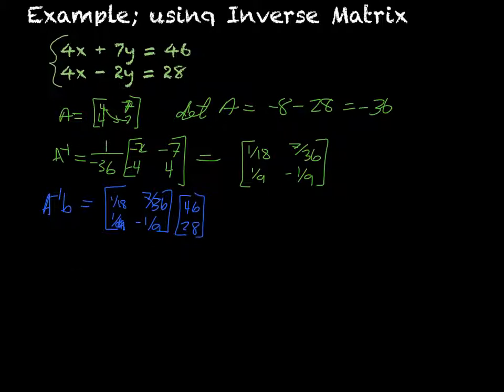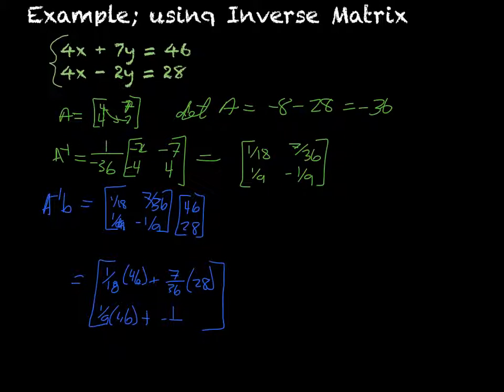When I do that multiplication, I'm going to have 1 over 18 times 46 plus 7 over 36 times 28. And my second row would be 1 over 9 times 46 plus negative 1 over 9 times 46. Oh, nope, sorry, that should be times 28, my bad.